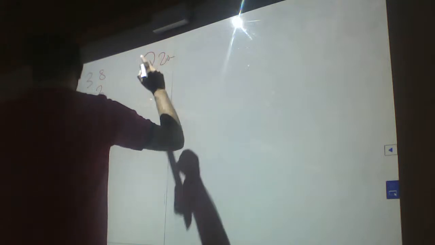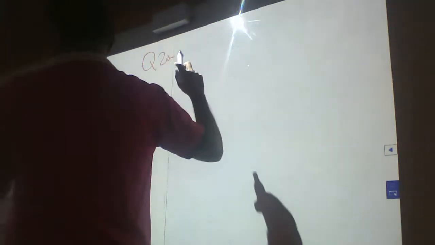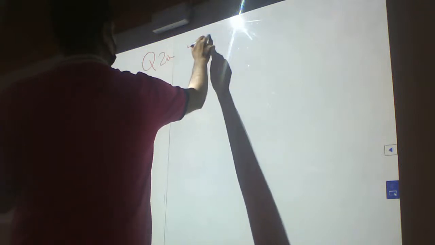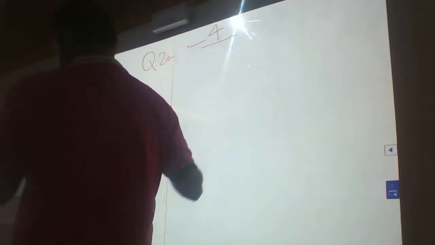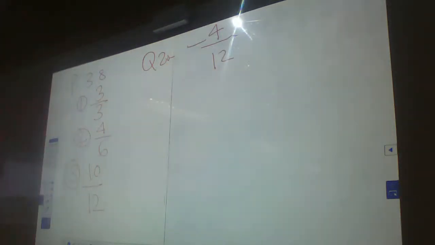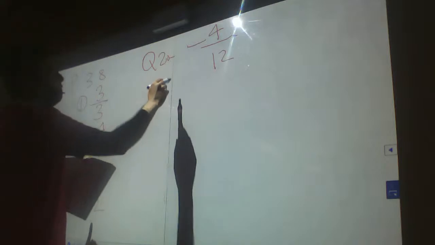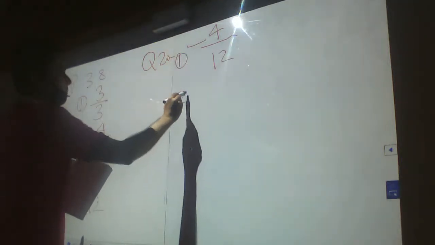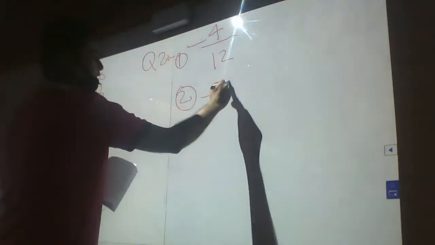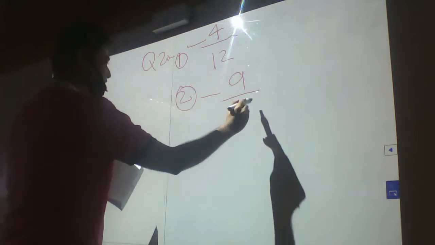Okay, now let's see question number 2. First one, we have minus 1 over 3. So here we have minus 4 over 12, because let's see, it is multiplying by 4. Okay, number 2. This is number 1. Number 2, minus 3 over 5. This equals minus 9 over 15.